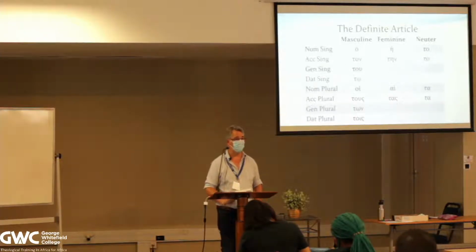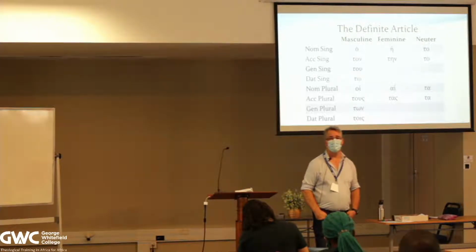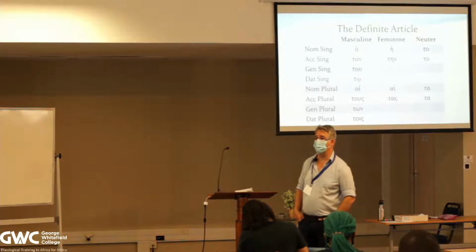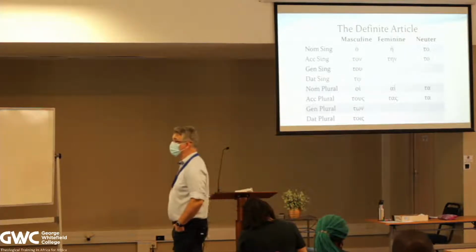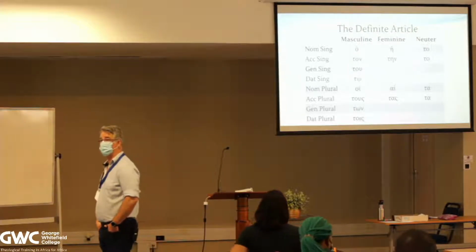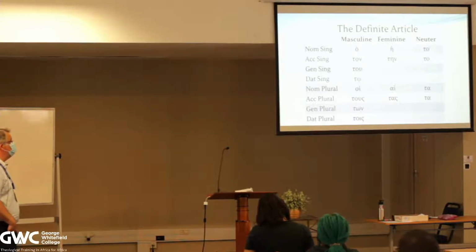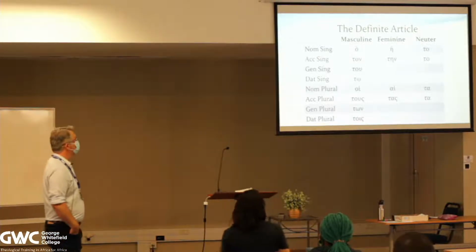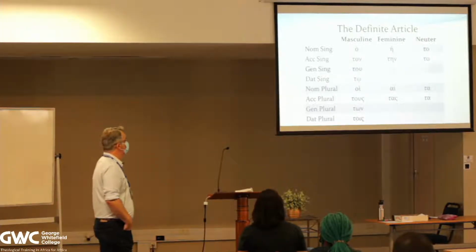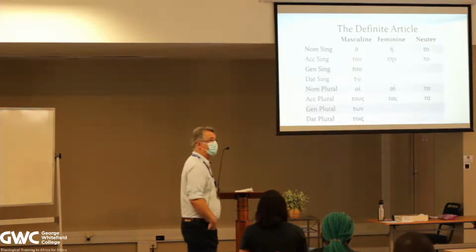But we're trying to fill out this article table as well. Our article has to agree with our noun in case, number, and gender. So if I've got a neuter noun, then I need a neuter article. We met some of them yesterday, but we need to finish off the neuter. What would you expect the genitive singular neuter article to be after what we just looked at?